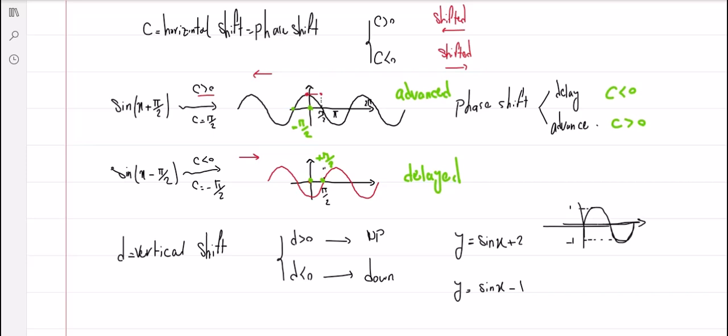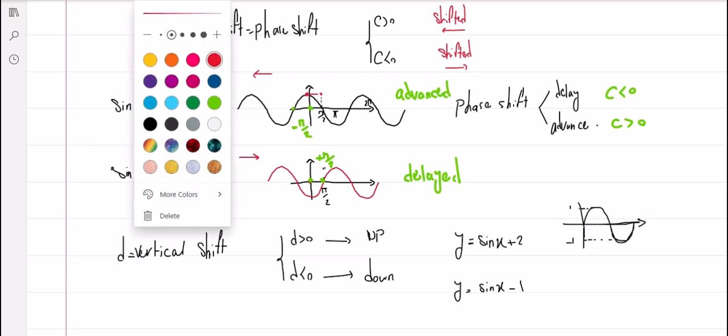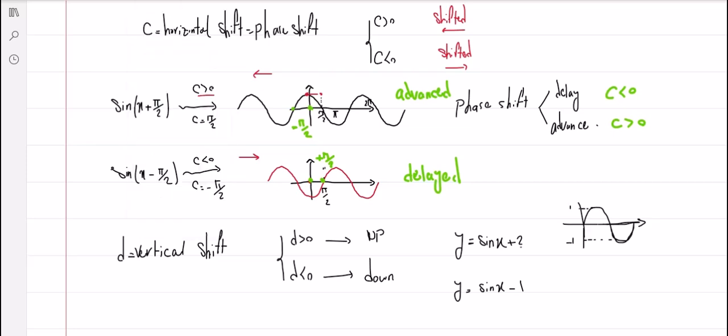So if you want to move the function, we should move it upward by the value of 2, because d in here is a positive value since d is equal to 2. So we just are gonna move the function upward by the value of 2.